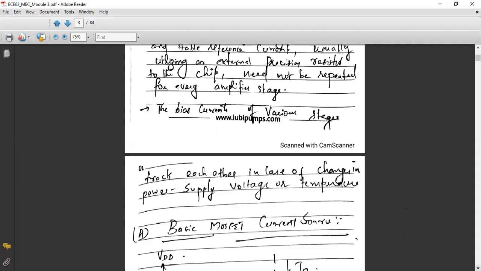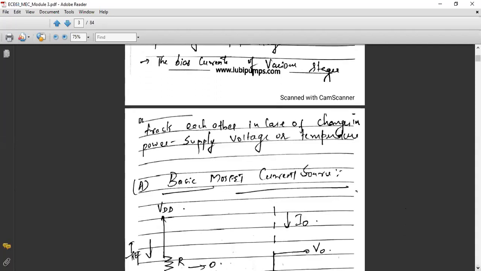Secondly, the bias currents of various stages track each other in case of change in power supply voltage or temperature. Whenever there are external temperature variations or supply variations like transients or glitches in the supply, these stages will automatically track each other, and it doesn't allow sudden variations of the Q point. It will fix the Q point in the same feasible region where we fixed it earlier.